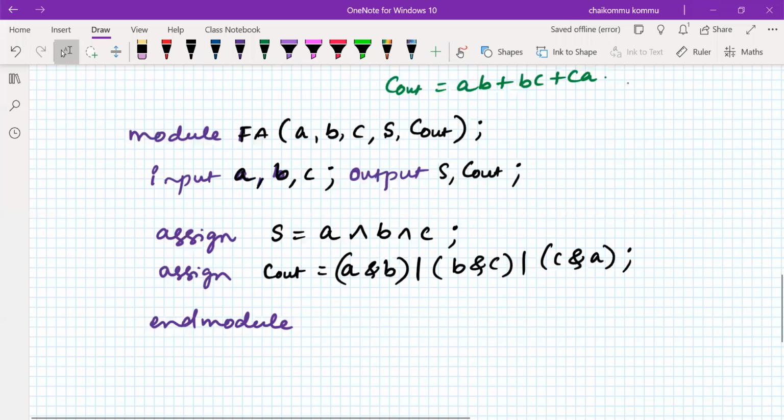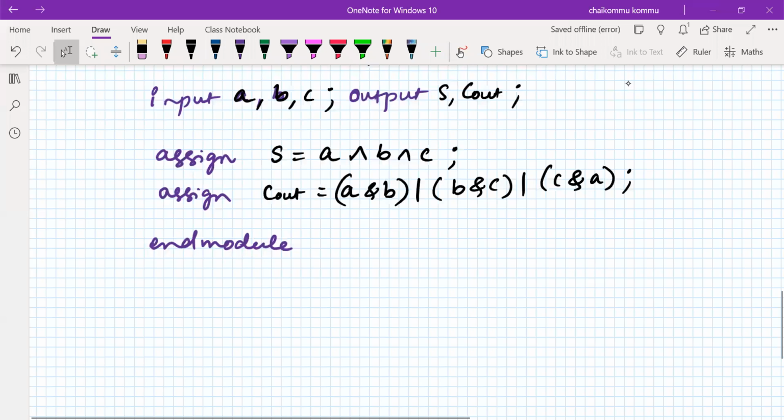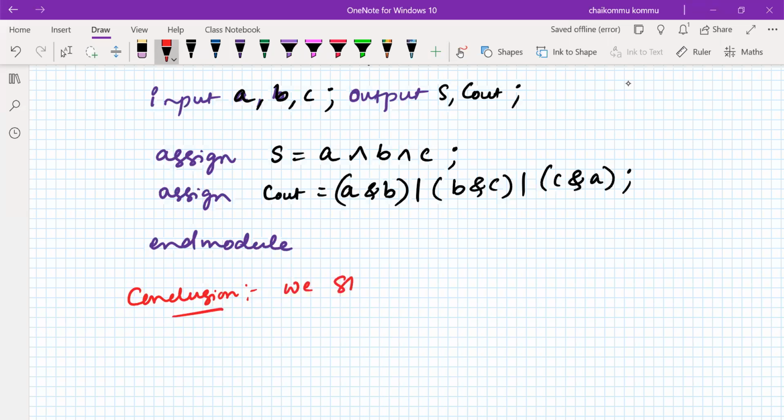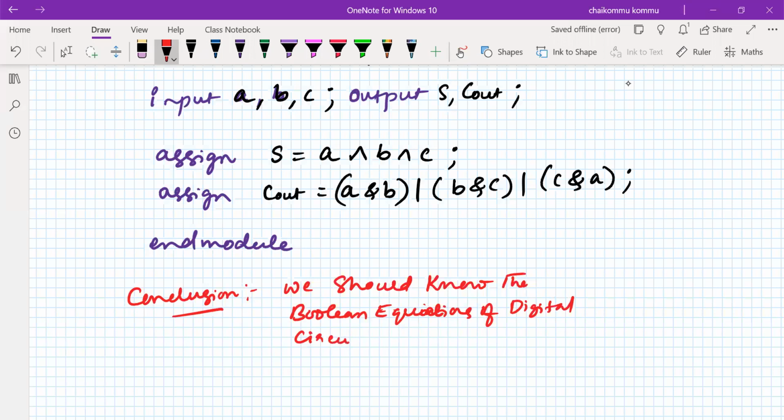So what we can conclude is that we should know the Boolean equations of the digital circuit. It's very important.